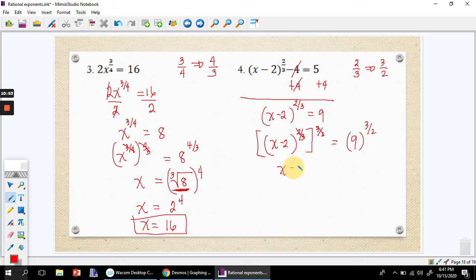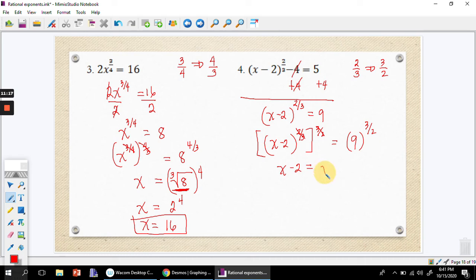So x minus 2 is equal to, again, just like number 3, this is a rational exponent also. 9 has a rational exponent 3/2. So to simplify this, you can just simply use the calculator, or we are going to rewrite this into radical form.